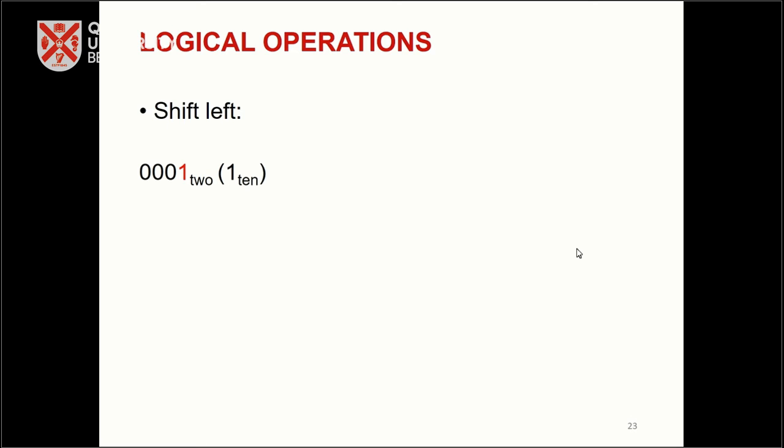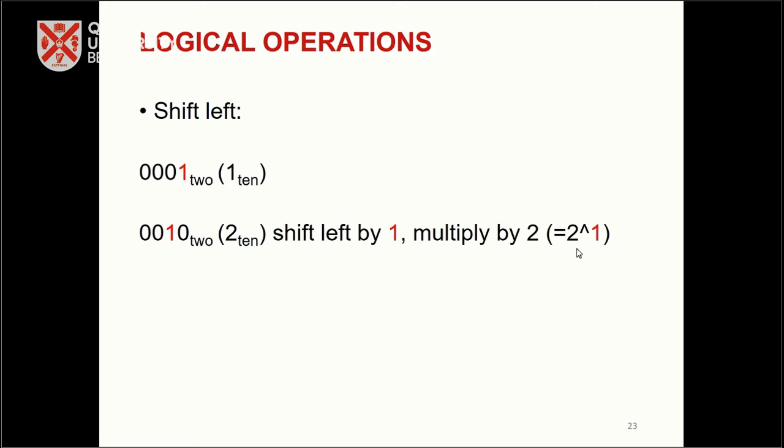So imagine that we have this number. If we shift left by 1, which means that we move this one position to the left and fill with zeros, what we are actually doing is multiplying by 2.